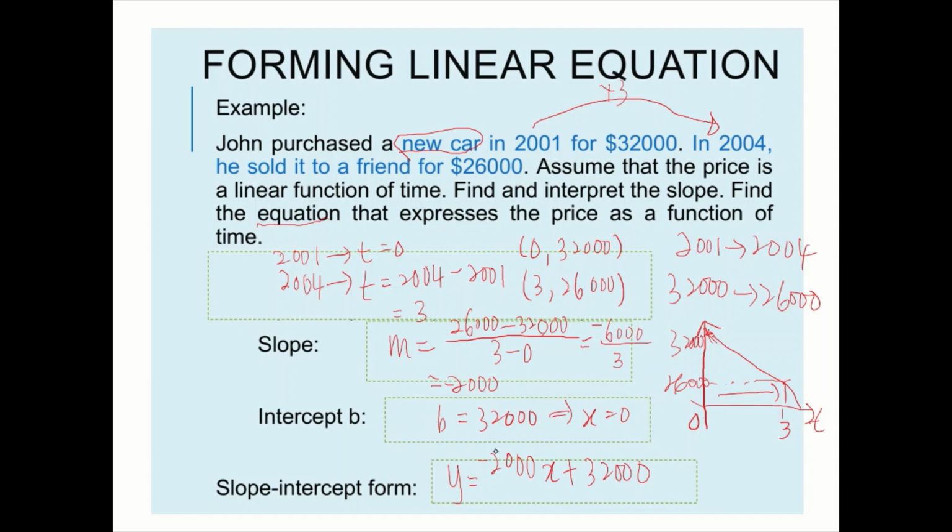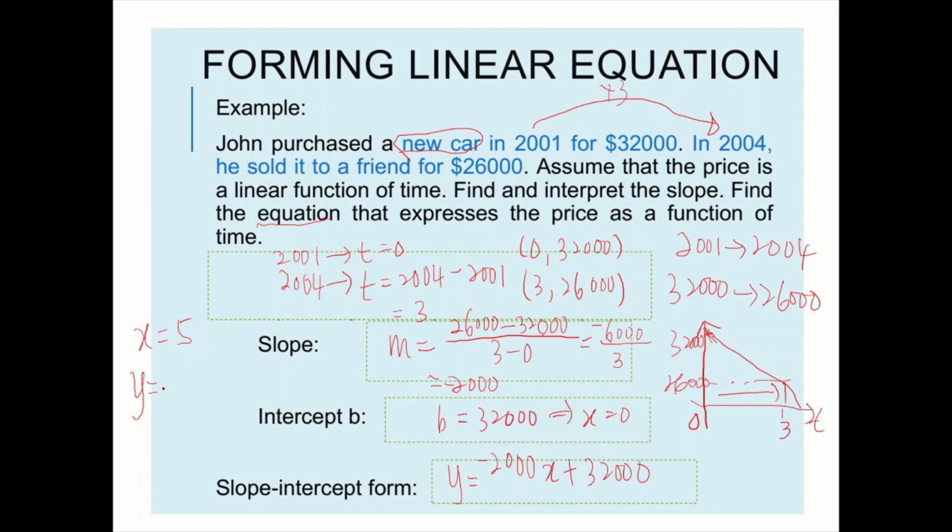Now what do we do with this linear function? We can use it to predict the price of the car. Let's say after 5 years, what is the price of the car?